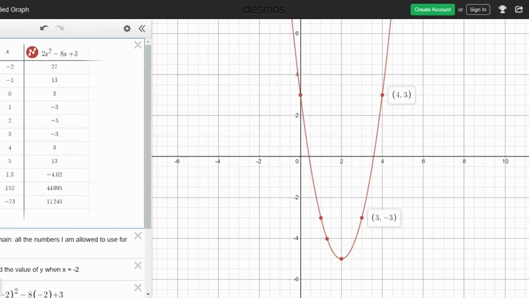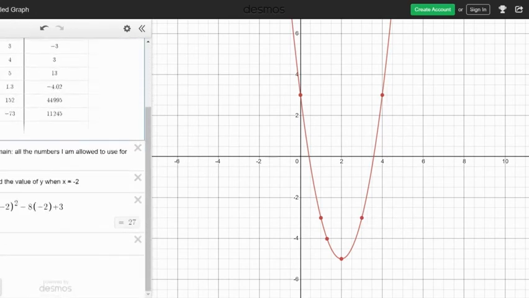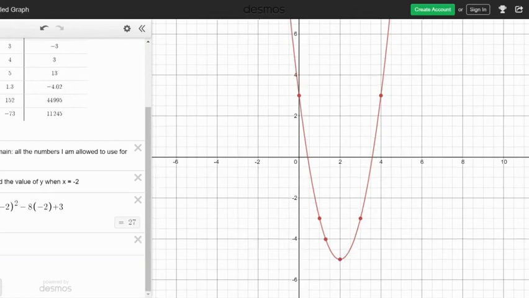Now range, remember, is the y values on the graph. And on the quiz you took yesterday, there was a little bit of confusion. It wasn't meant to be. But one thing I said is you can always test using Desmos to see if you're right. So the first thing I want to look at is this low point. I can see that my low point happens at 2, -5.